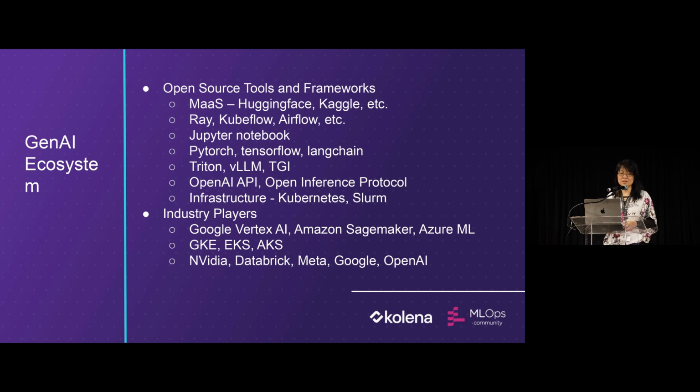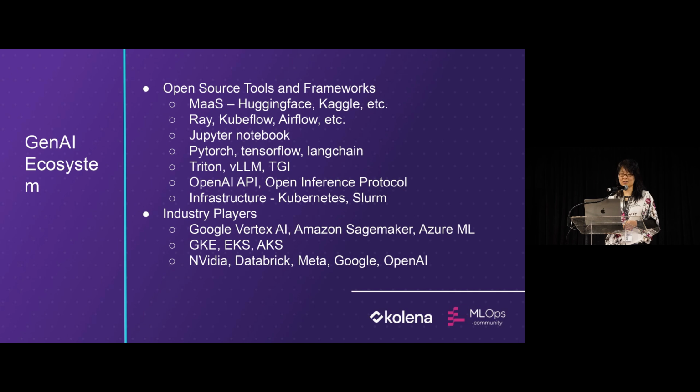From an industry perspective, obviously, you can see the top three cloud providers. They are building managed machine learning services for the world, right? From Google, we have Vertex AI. Amazon is building SageMaker, and Azure ML built the OpenAI cloud service.